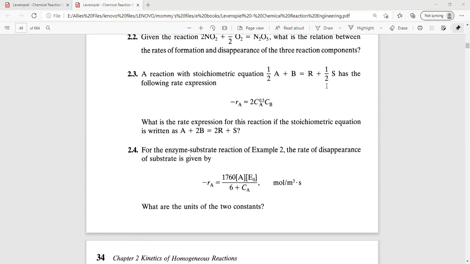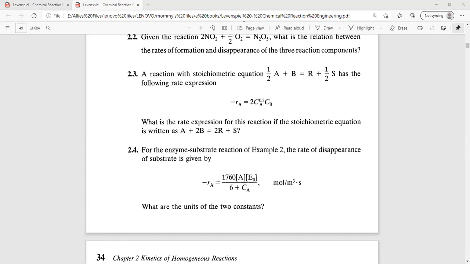So you get rid of the 1 half and you introduce 2 as a coefficient for B and R. So do you agree, Joanna, with Marcel that the rate law is still the same? Yes, miss, because our rate expression is not dependent on the previous stoichiometric equation, whether it was written differently, miss. Okay, so based on the previous list. Okay, sige. What do you think, Antoinette?